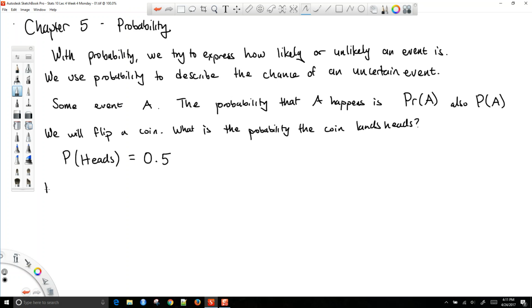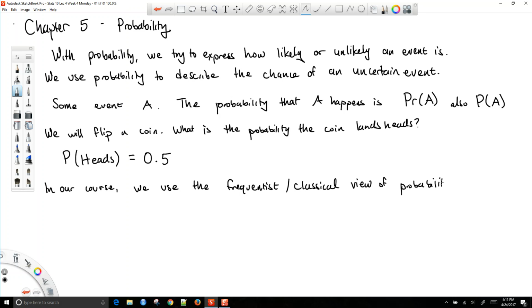In our course, frequentist or classical view of probability, as opposed to other courses where you might hear about the Bayesian view of probability.